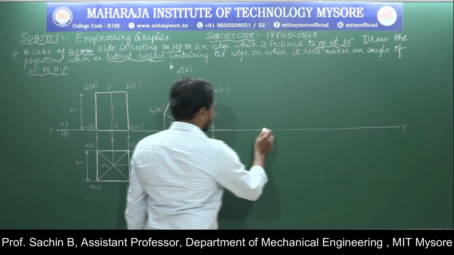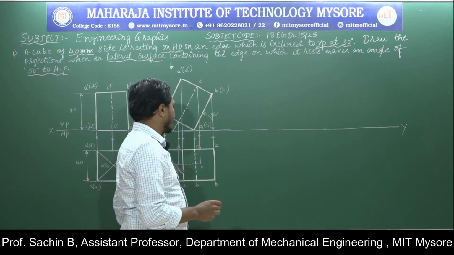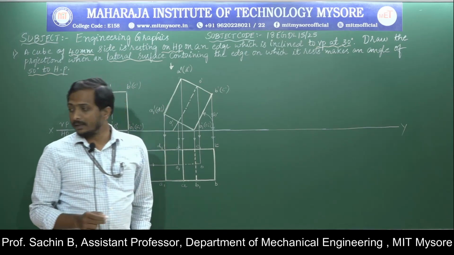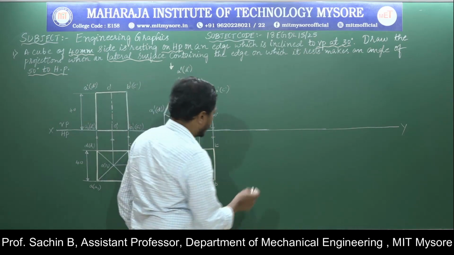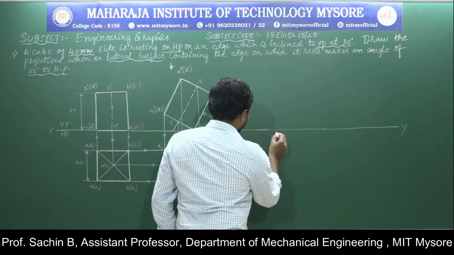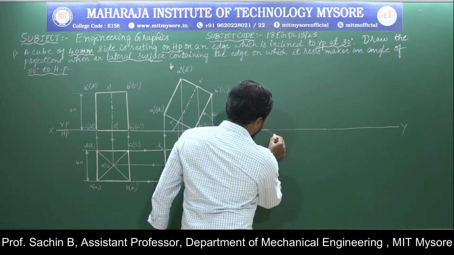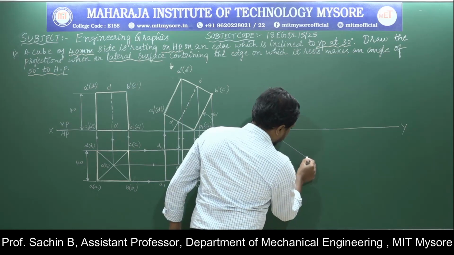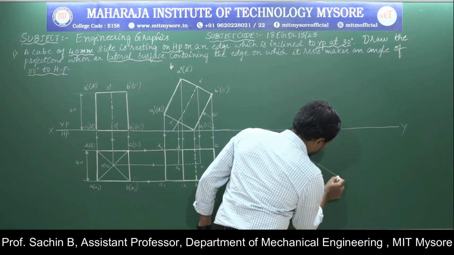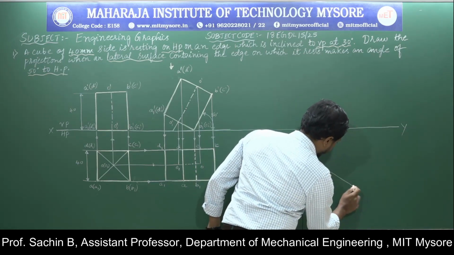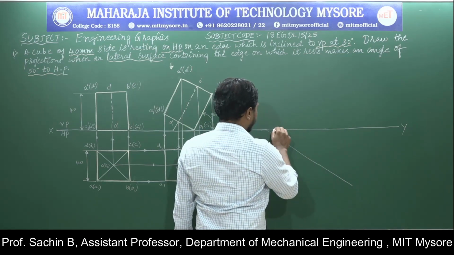By knowing that, I will go for drawing a thin inclined line at an angle of 30 degrees.